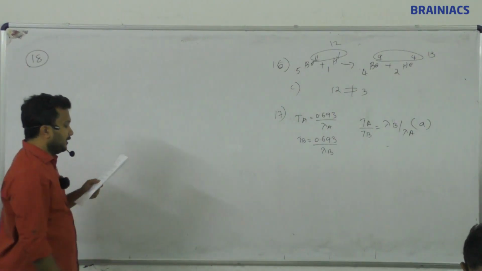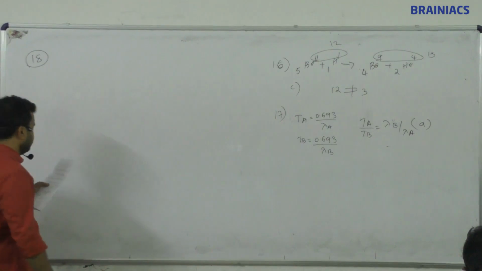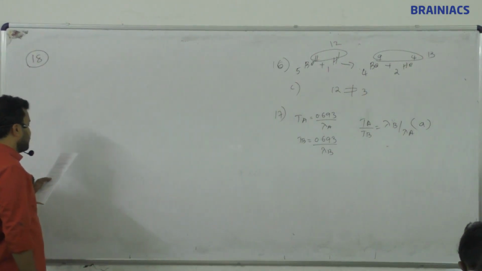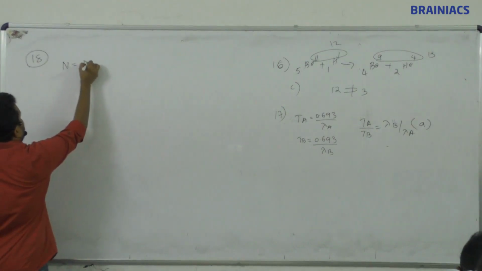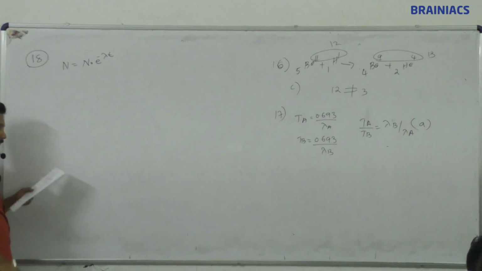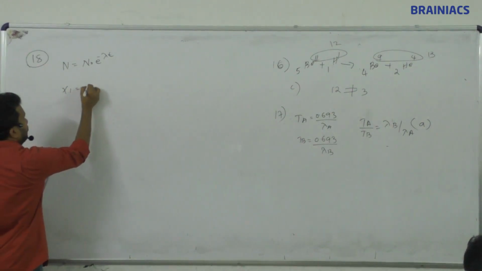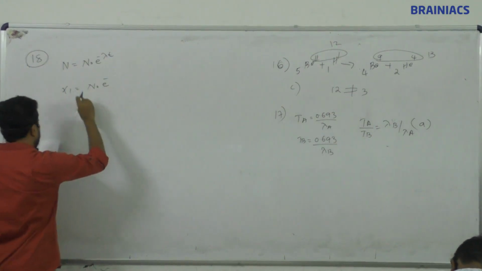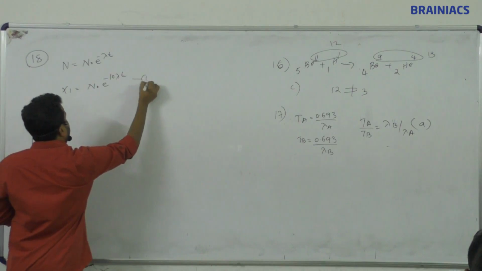Two radioactive materials X1 and X2 have decay constants 10 lambda and 9 lambda. If initially they have the same number of nuclei, the normal formula is N equal to N0 into e power minus lambda t. So for the first material, N equals N0 into e power minus 10 lambda t, equation number 1.